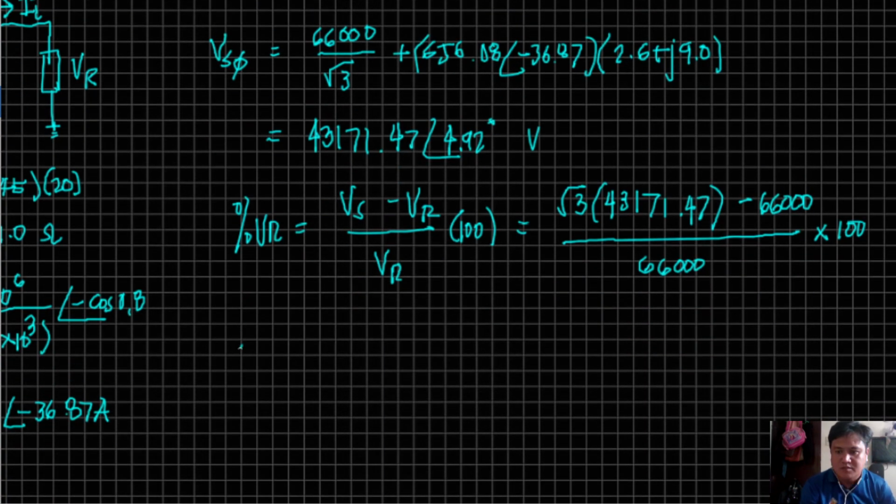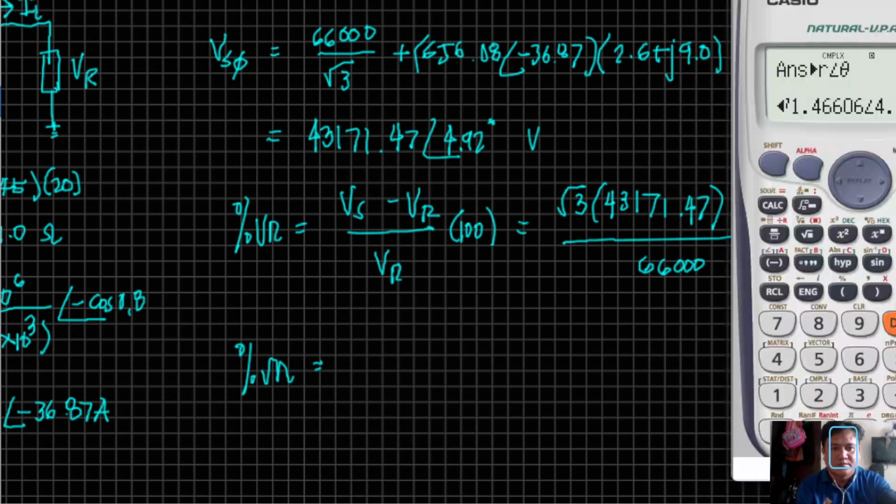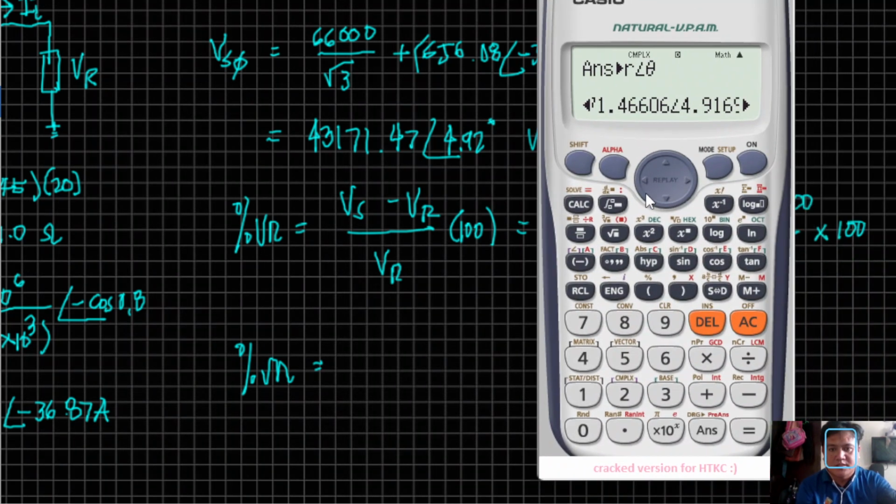Okay, so therefore we have percent VR equal to, so meron tayo dito, so just have to get the abs of the answer, pero multiply pa natin ang square root of 3. Okay, then minus 66,000 over 66,000 times 100.